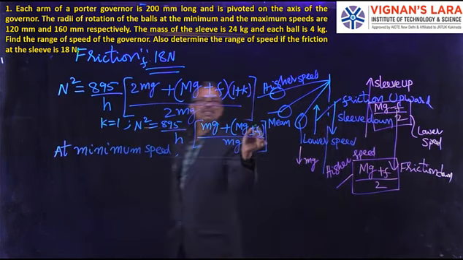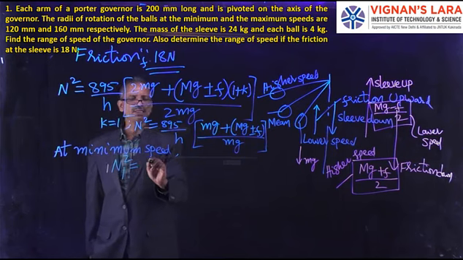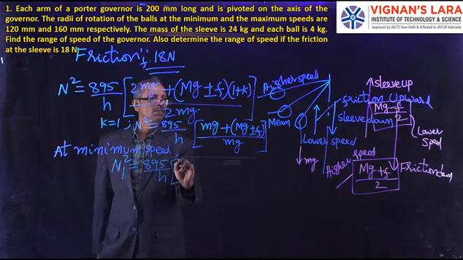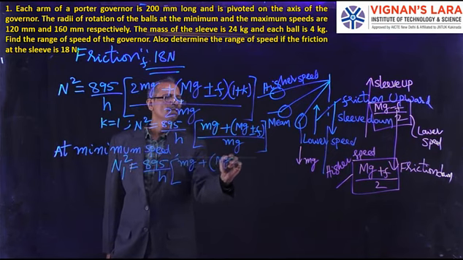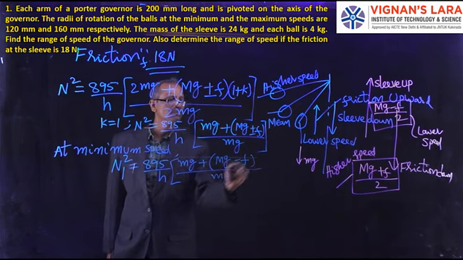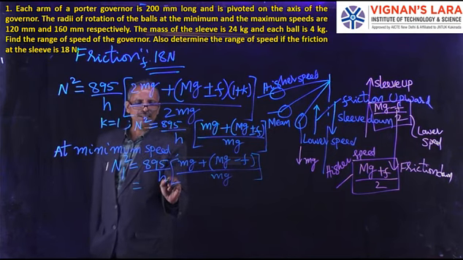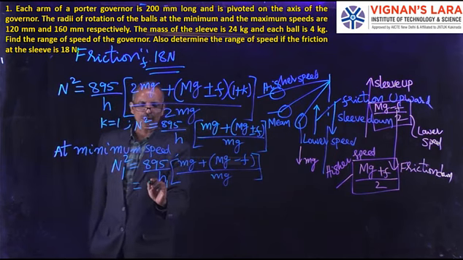So we write minus: N1 square is equal to 895 by h into (mg plus mg minus f) by mg. Then h means h1, which we have already calculated in the previous part, that is 0.16.